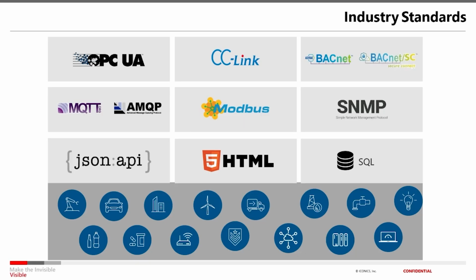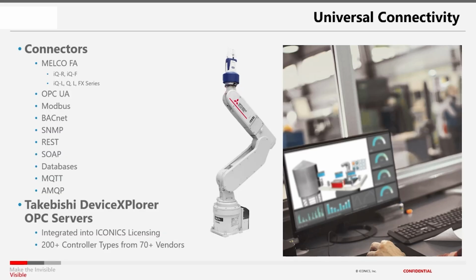Iconics has been using industrial standards throughout the product, including OPC UA, CC-Link, or BACnet. BACnet Secure Connect is the latest one we have got, supporting HTML5, Modbus, SQL servers, SNMP, JSON, and certainly the Web API through REST connectivity.